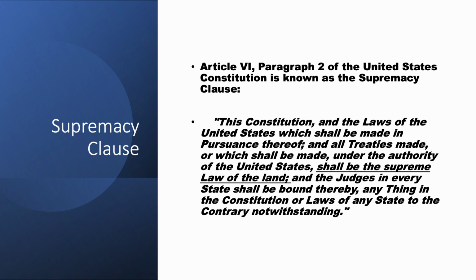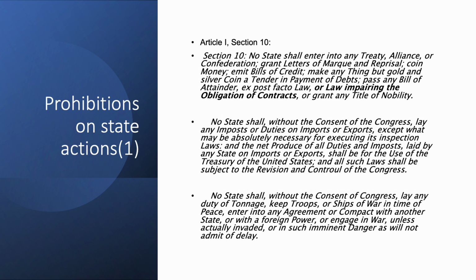Now, if it's declared unconstitutional, of course, that's a different story. Then it's invalidated. But laws made that are constitutional by Congress are the supreme law of the land. And state laws that are in conflict with a legitimate federal law are invalidated. So that's one important provision that limits the powers of states.